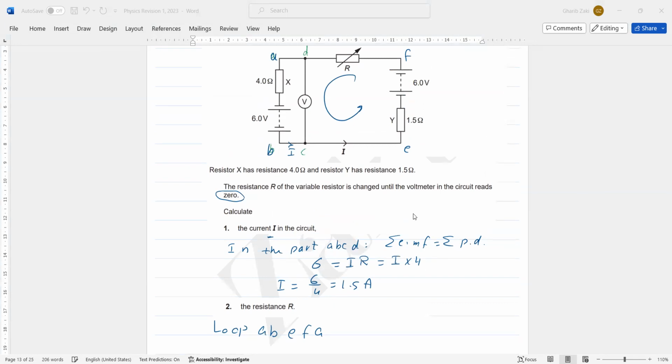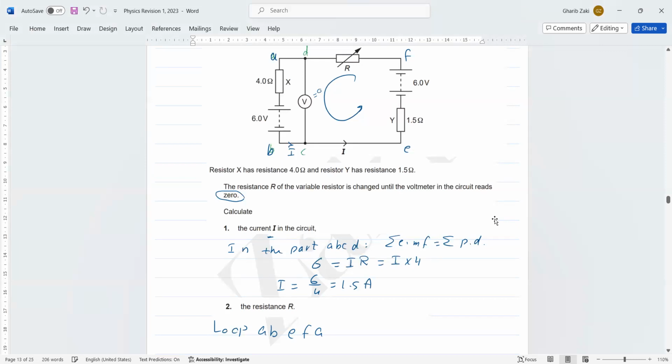Yes, Mister, but there is a junction. No, there is no junction here. It is just loops. When we say the potential difference equals 0, it means there is no current in the voltmeter. So this is the way. No junction in that circuit.